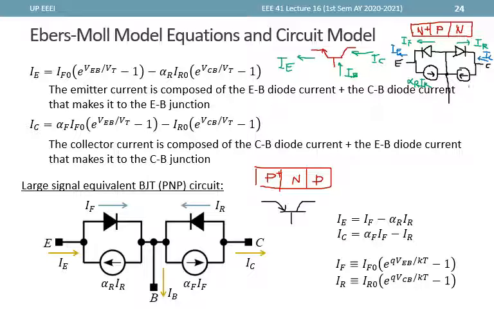And for the collector side, that must be alpha F IF. So these are the forward terms, these are the reverse terms, and to complete, IB in this scenario is upwards. So still we will be consistent with this equation. IE is equal to IF minus alpha R IR, and IC is equal to alpha F IF minus IR.